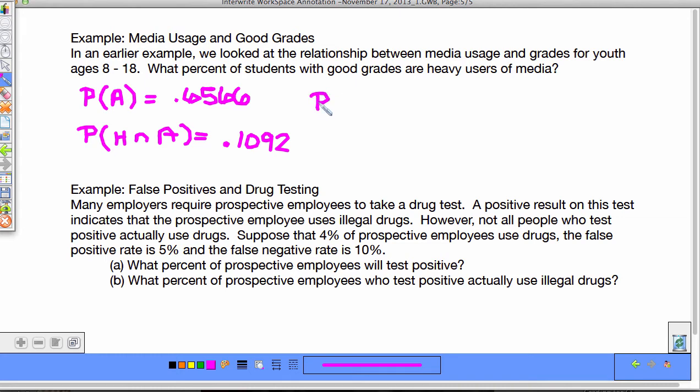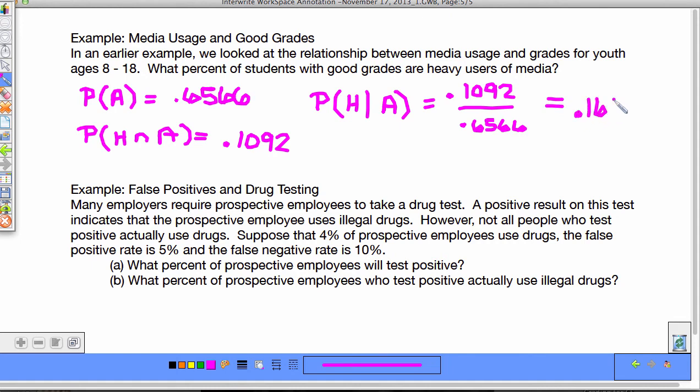So if I want the probability that they are a heavy user, given that I know that they make good grades, I would take this 0.1092, divide it by my given 0.6566, and that's going to give me 0.166. So about 16.6% of youth with good grades are heavy users of media.